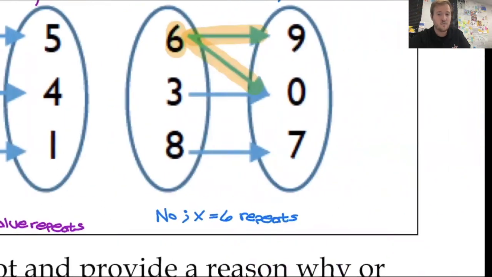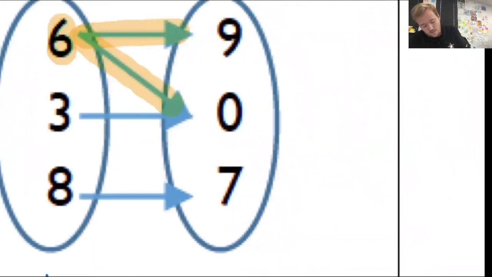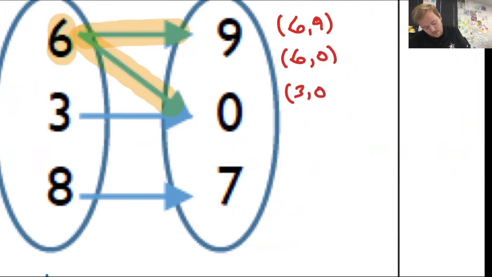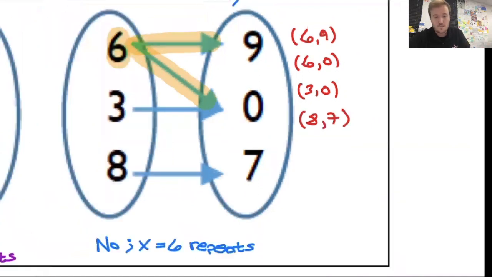And over here on the right side, I would have 6, 9, 6, 0, 3, 0, and 8, 7. Those arrows really tell us what corresponding y value each x value maps to. Because this 6 has 2 arrows stemming from it, it repeats. Therefore, it's not a function.